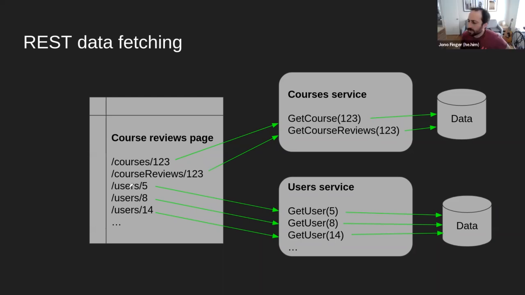And then we fetch things about the user, because you probably want to put their name or email address on that page. So we'll make an additional trip to the database to find the data specific to those users. You can see right here, if we have 3 reviews, we're going to make 3 trips to get information about each user. Getting the course might be 1 trip, and getting the reviews is one trip. All right, so that's a naive implementation.